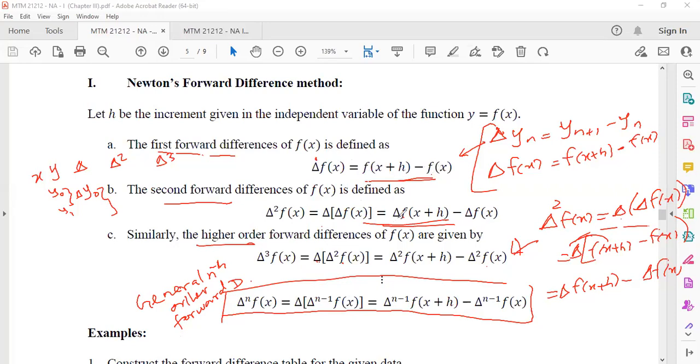Similarly, 2 terms in our equation, we have 1 term on this side. So if you are taking n terms here, there is 1 less term. So similarly, we can find from here: delta n minus 1 of f(x+h) minus delta n minus 1 of f(x). So this is our general order. Okay.